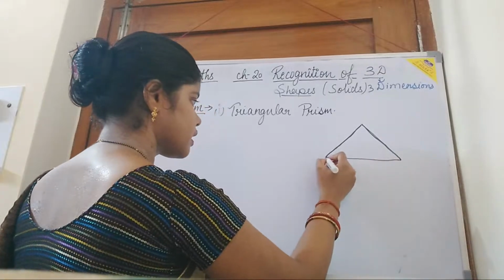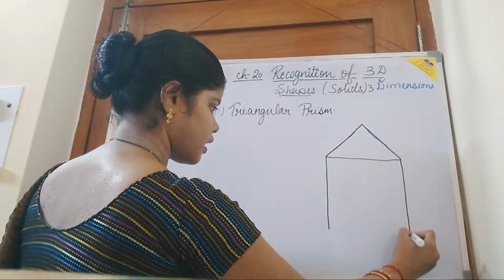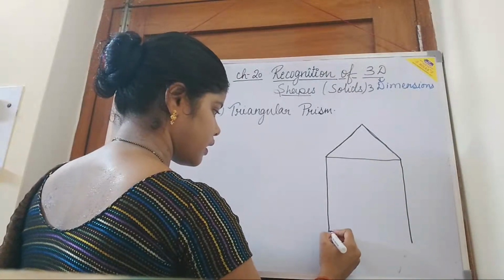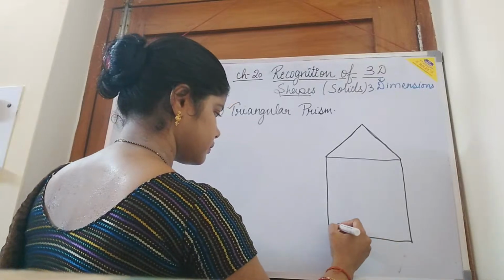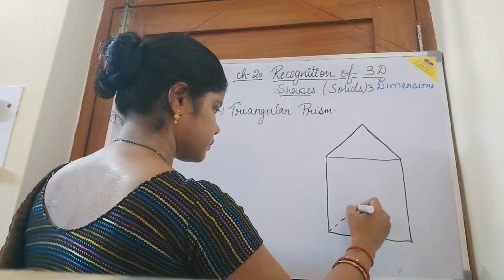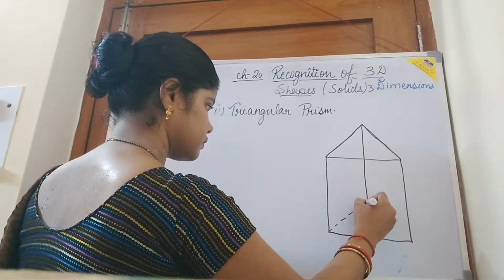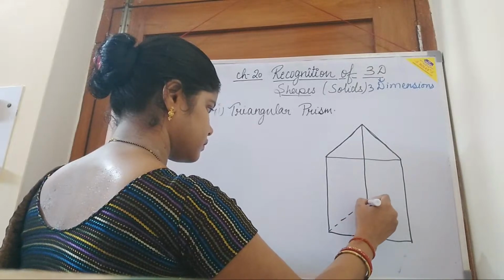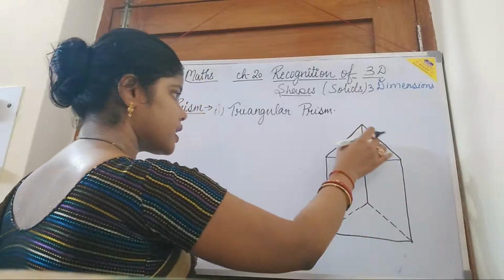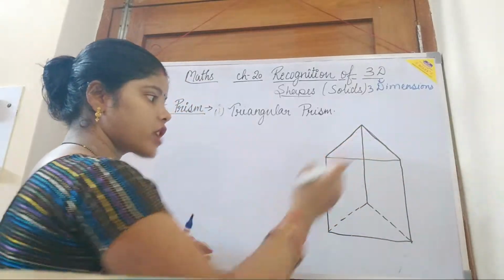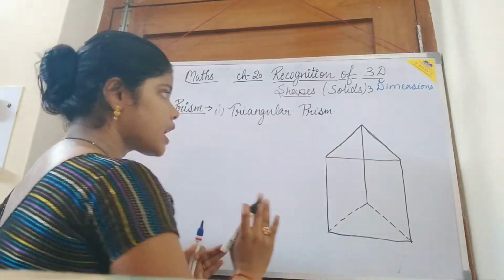So if we take two identical top and bottom faces, this one face, and this triangle, the upper one is triangular. So the top and bottom faces are triangular.